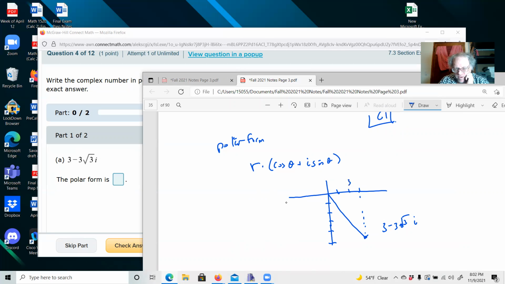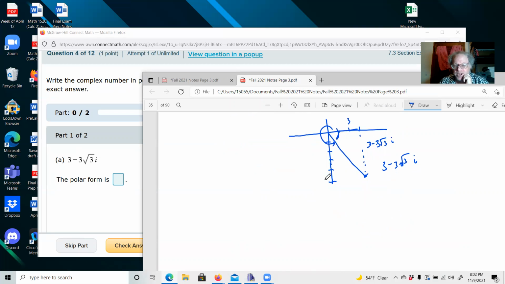How do we get the triangle out of this? If I know one side of the triangle is 3, I know the other side is going to be 3 root 3. Here are the lengths. I would like to know either that angle or this angle. I don't really care which, but that's what I want to know.